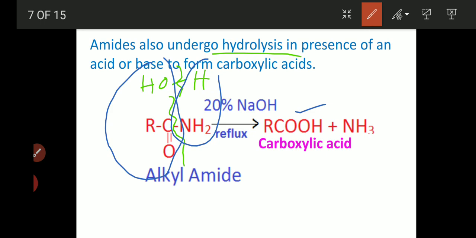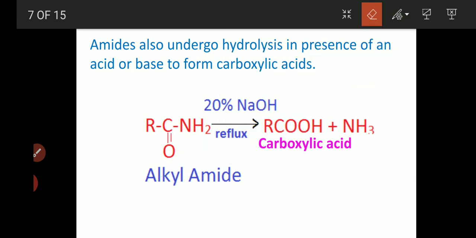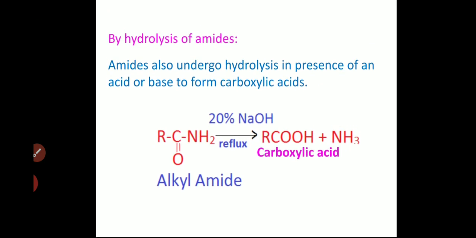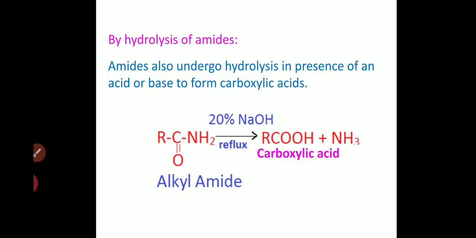Okay, so this is a simple way of remembering organic equations. Behind every organic equation there will be simple logic. If you follow those logics, equations can be remembered very easily. So this is the second method, preparation of carboxylic acids by hydrolysis of amides.